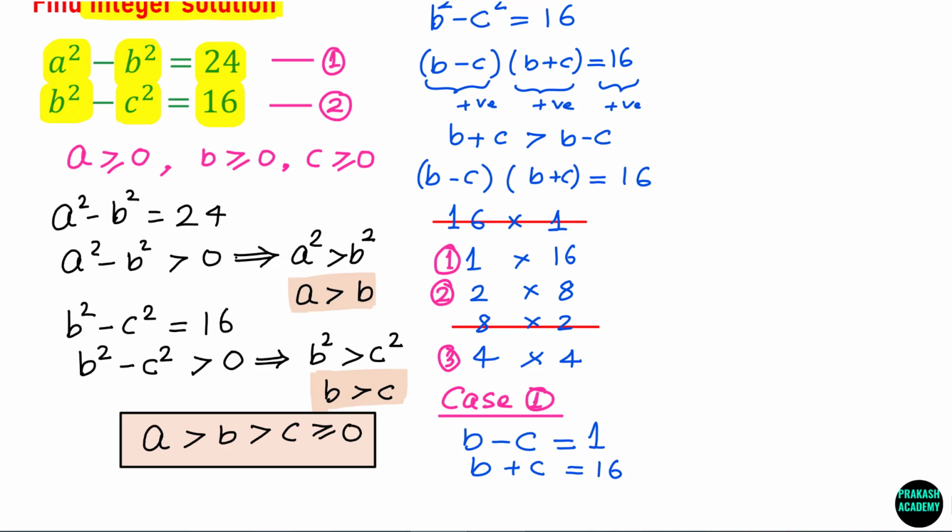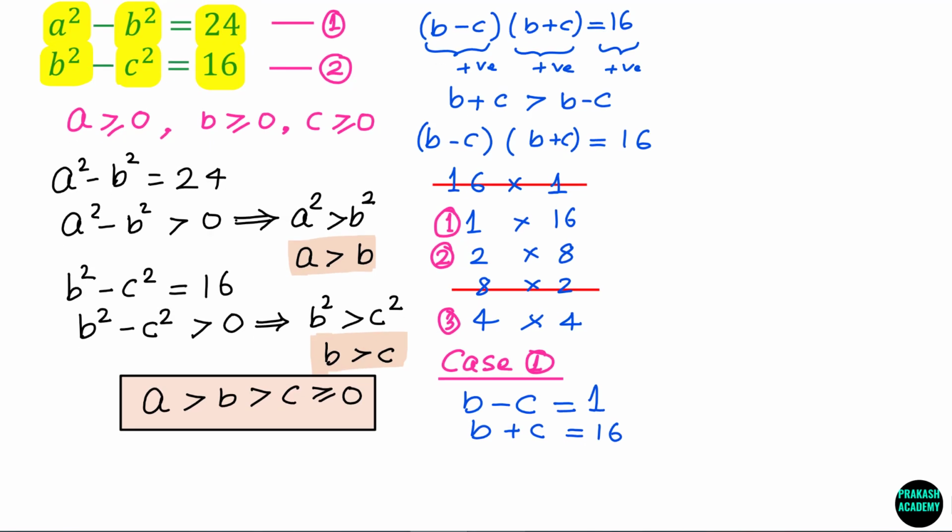You can solve it here itself. If you add these two equations, you will have 2b, and c and c cancel out. So you will have 2b is equals to 17. This means b is equals to 17 by 2, which is not an integer.